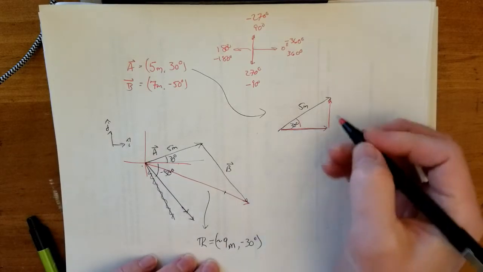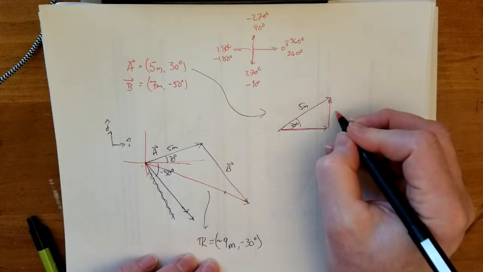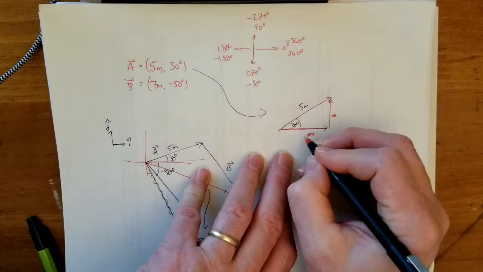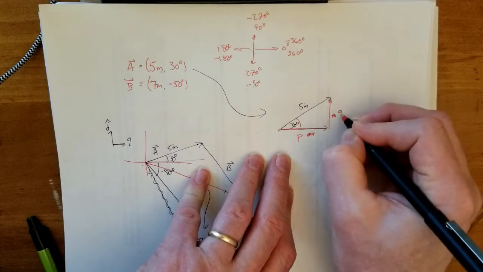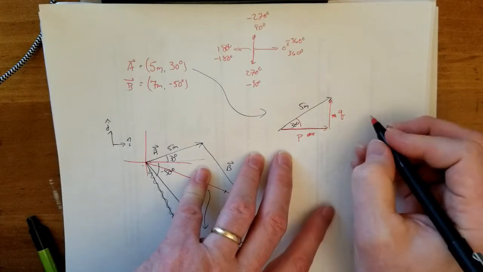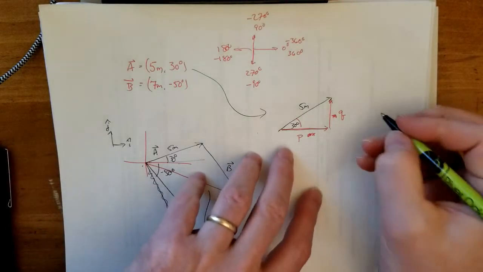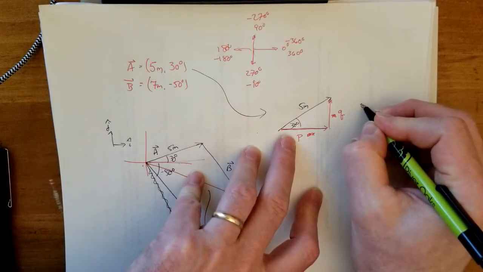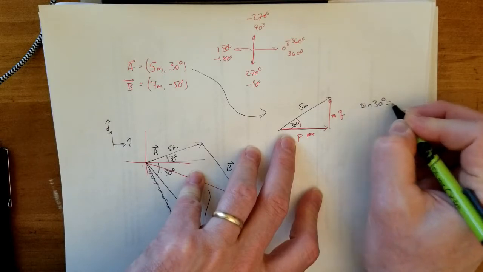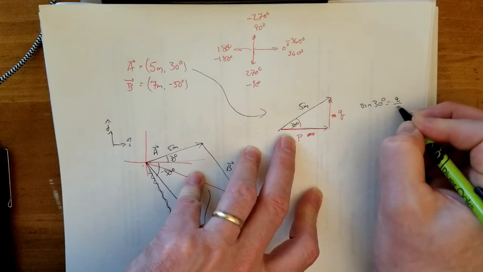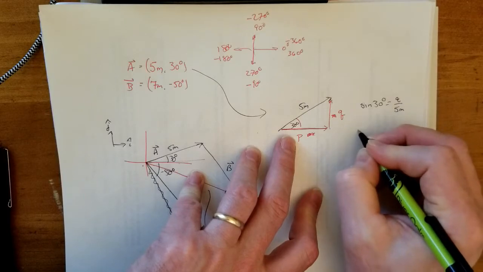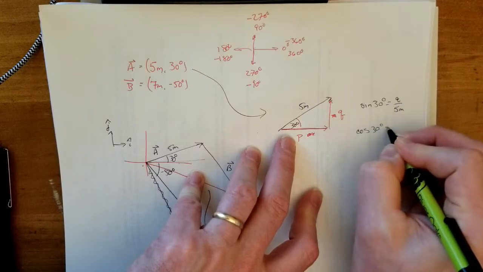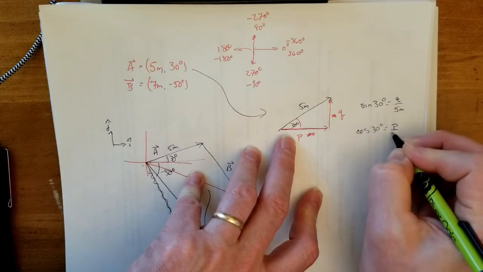Well, this is right triangle trig. This is my opposite side here. I'm going to label this P and Q. Hopefully those look different enough. So the sine of 30 degrees is equal to the opposite over the hypotenuse. The cosine of 30 degrees is equal to the adjacent over the hypotenuse.